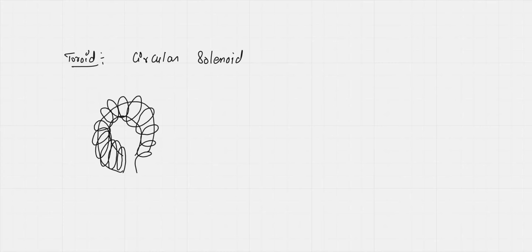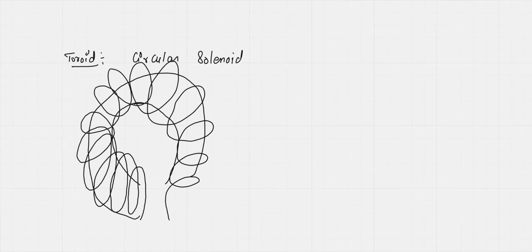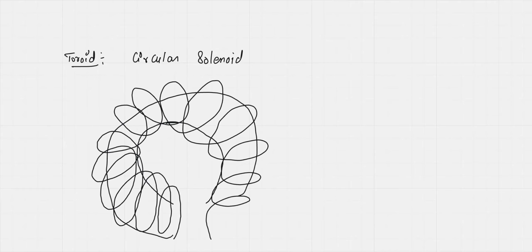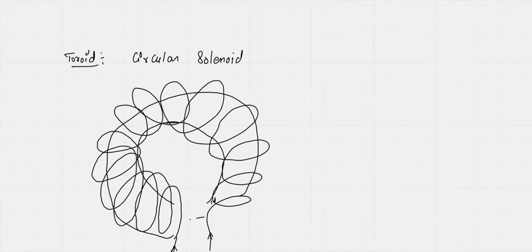So you can assume this to be a toroid. Just think of it as a toroid structure. This is going down, so current I is going upside. This is going up. This is a complete circular form, like this. Let me simply make it into two ways, like this is one, and that is another.